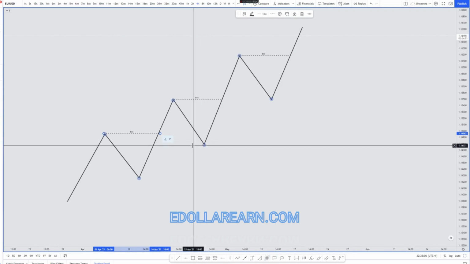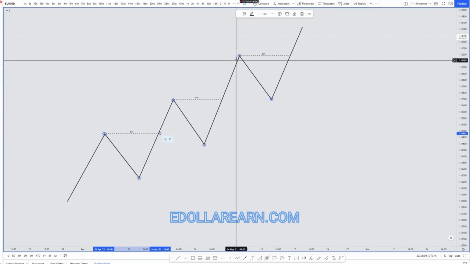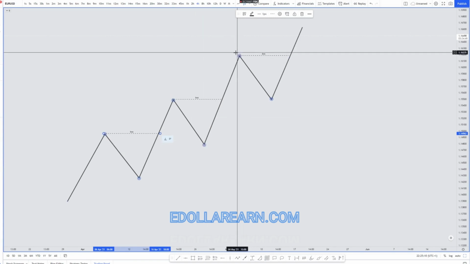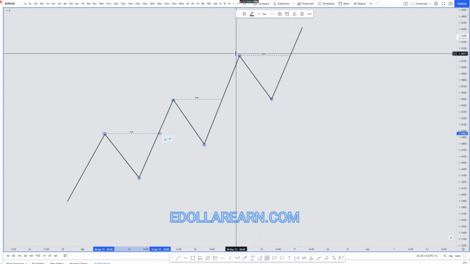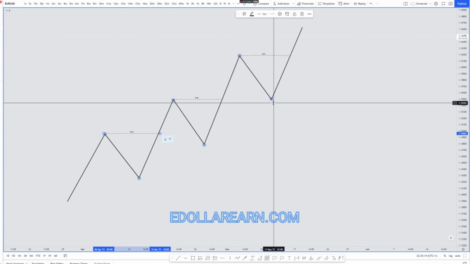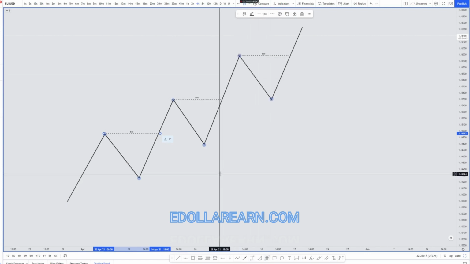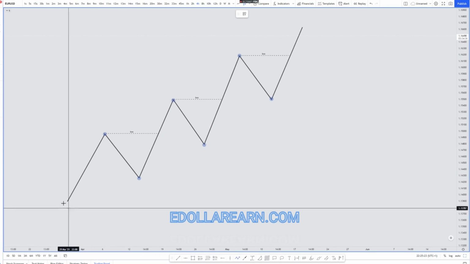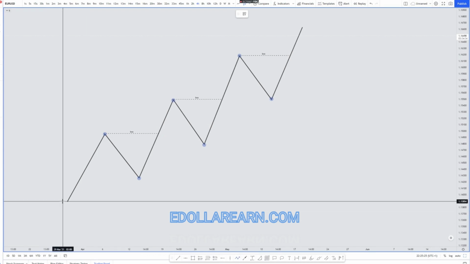Not always, but most of the time it will. Now, as we put in another higher high, my expectation is once again to have a pullback. And we will talk about how to spot changes of character a little earlier as we get into that section, but I just want you to focus on expectational order flow for now.